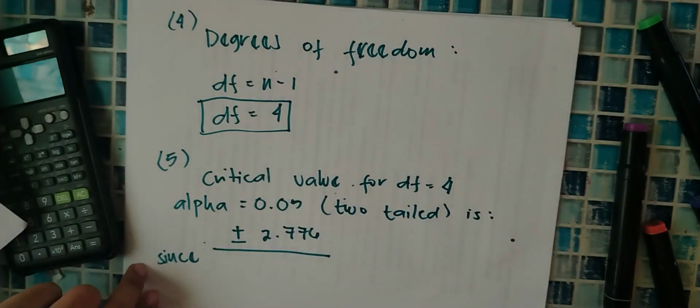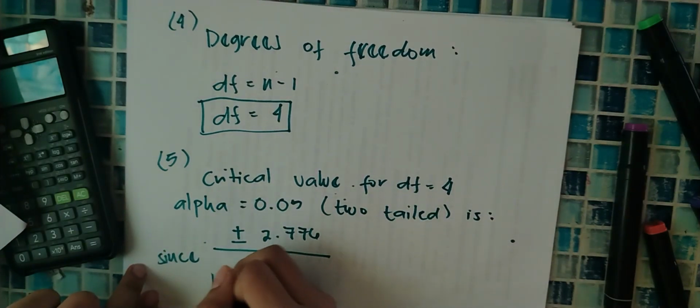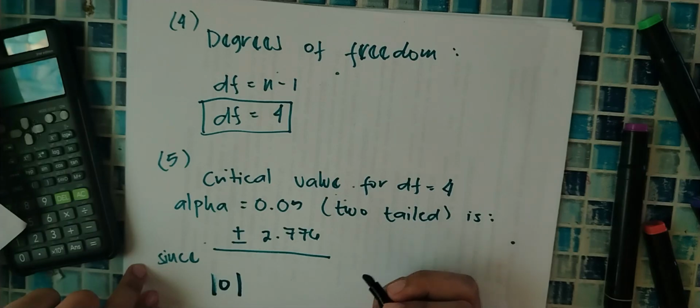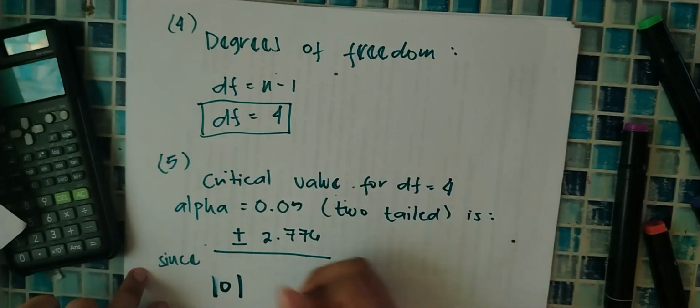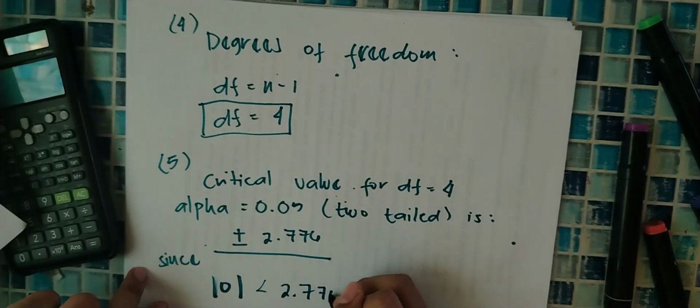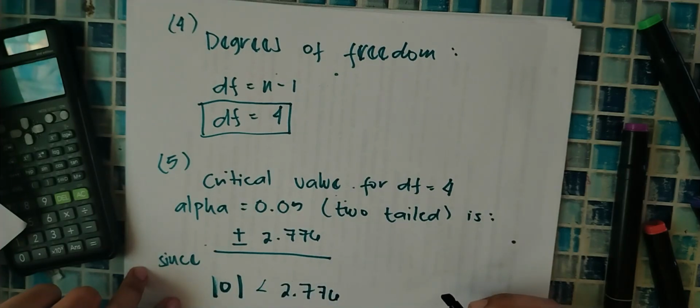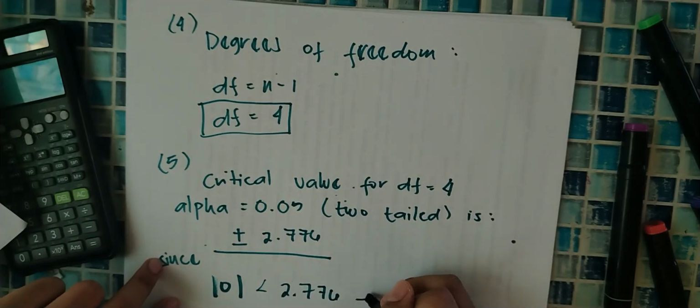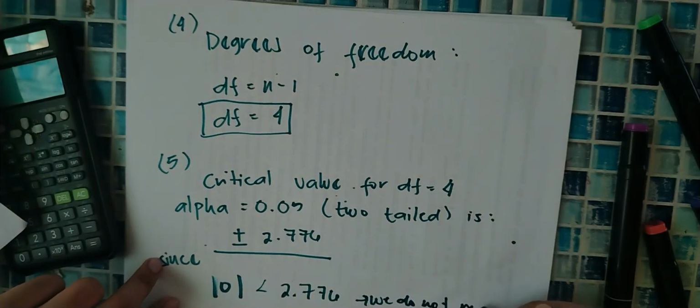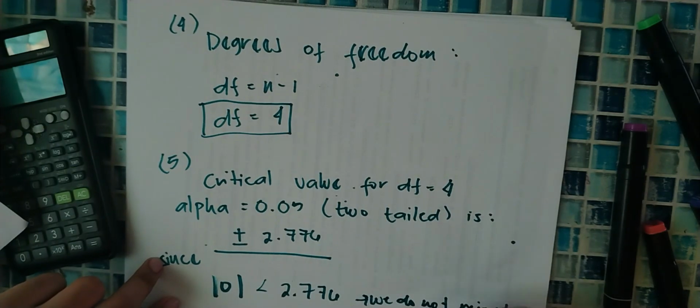So since the absolute value, 0, is less than 2.776, we do not reject the null hypothesis.